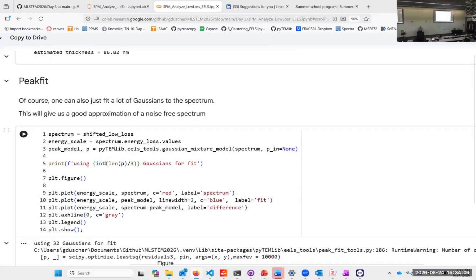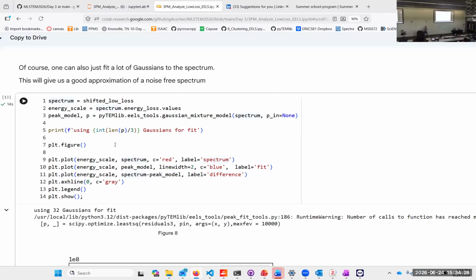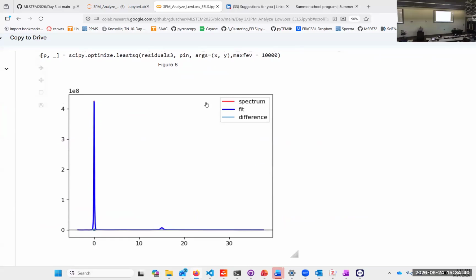And one way is to just fit the spectrum with a lot of parameters. So if somebody, even me, well, if you have enough parameters, you can fit anything. Then I thought, oh, if I have enough parameters, I can fit anything. So I use a lot of Gaussians and I can fit anything. And that's what I'm doing right now. I'm fitting the spectrum with just a lot of Gaussians.